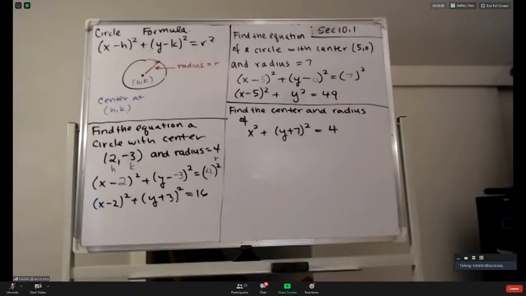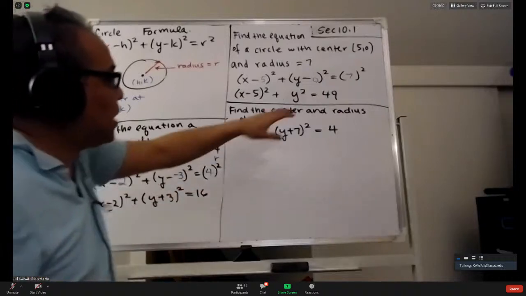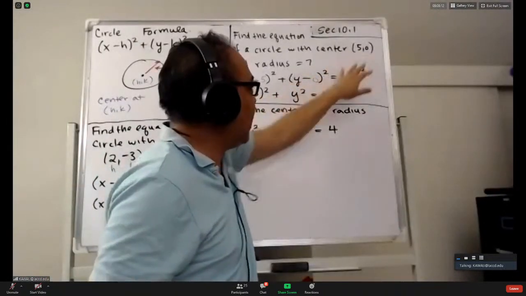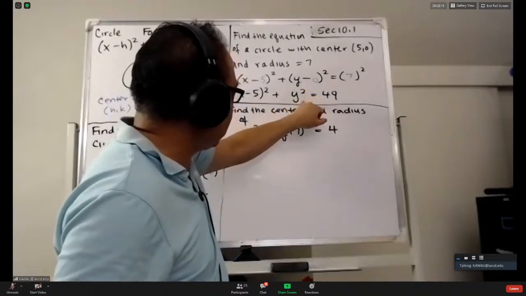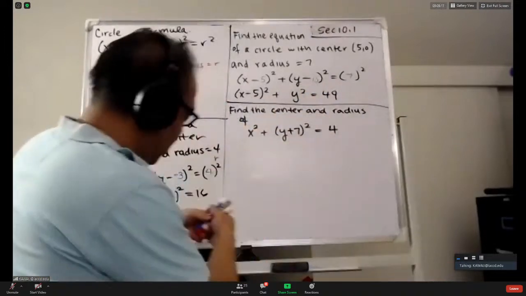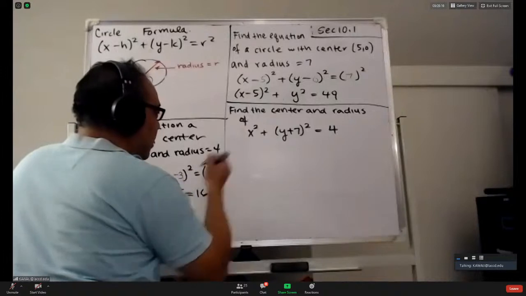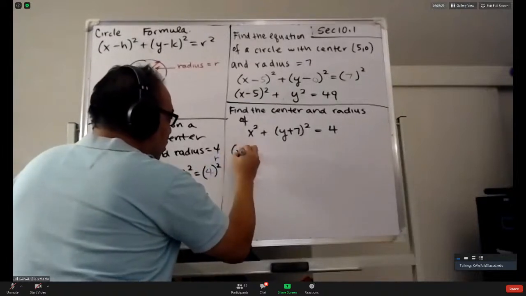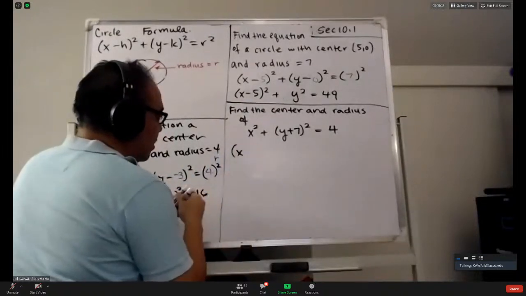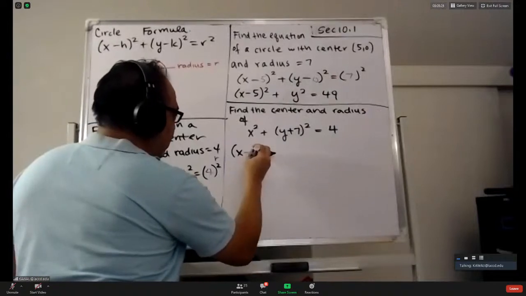Okay, so let's look at this. Now, we can see that when we have a 0 for k, then we end up with a y squared. So what we want to do is do the same thing here. When I don't see an h, I can just add it.